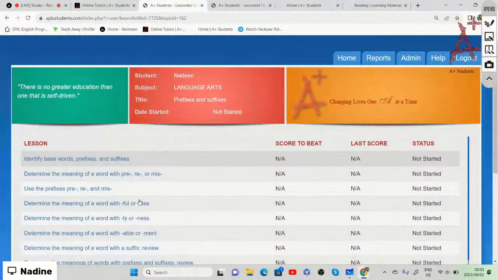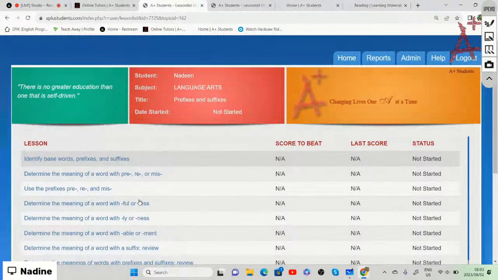There's going to be, like I say, a few lessons that we are going to focus on, starting with identifying the base word, prefixes and suffixes. Which means that we are going to identify the base word, see what the base word is, and then from the base word, we will identify a prefix and identify suffixes.